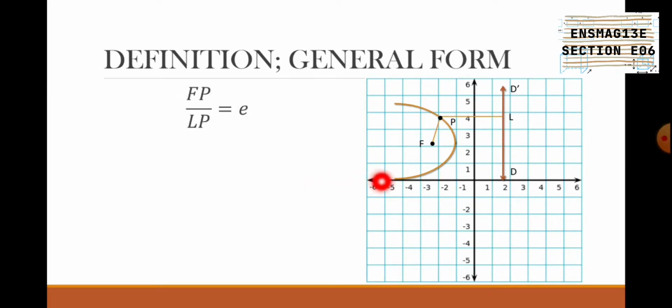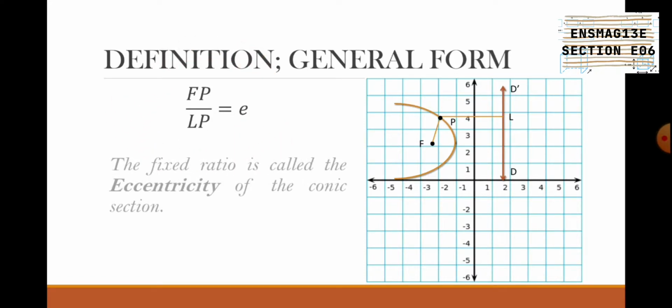If we consider the distance from the focus F to point P, that is any point on our conic section, and L to P as the distance from the directrix to that point, the ratio of these two is called E. The fixed ratio is the eccentricity of the conic section.